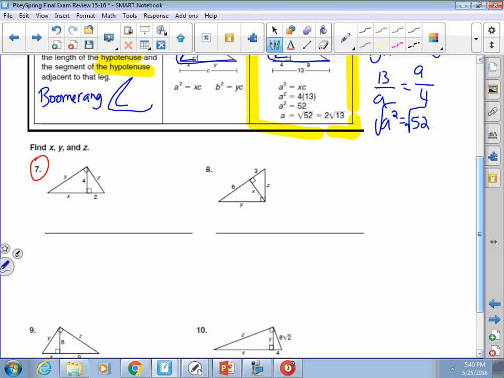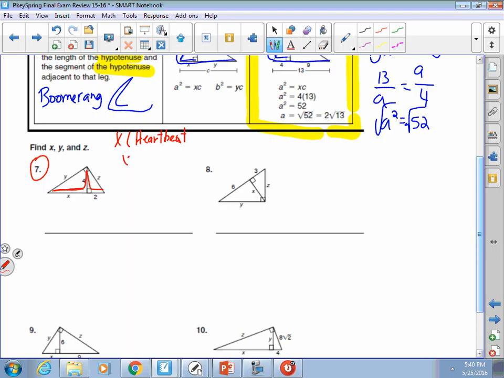So 7 is your test light. If I want to start with x, x is using heartbeat. I should have done that in red. Let me do that over. Keep it color coordinated. Yeah, there we go. Alright, so I'm going to do my heartbeat and follow it.